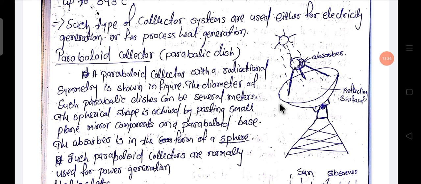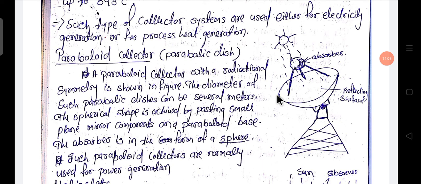This parabolic reflector dish can be several meters in radius or diameter. The dish shape is achieved by pasting small plane mirror components on a parabolic base.